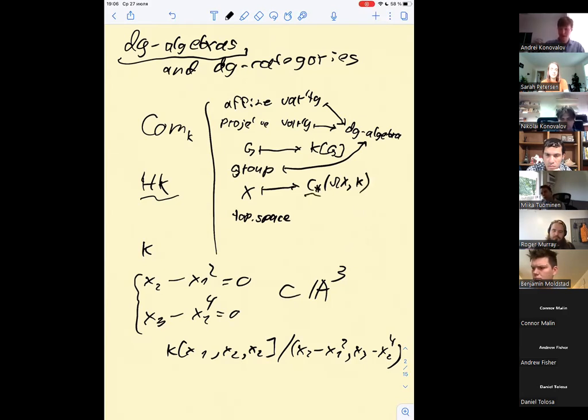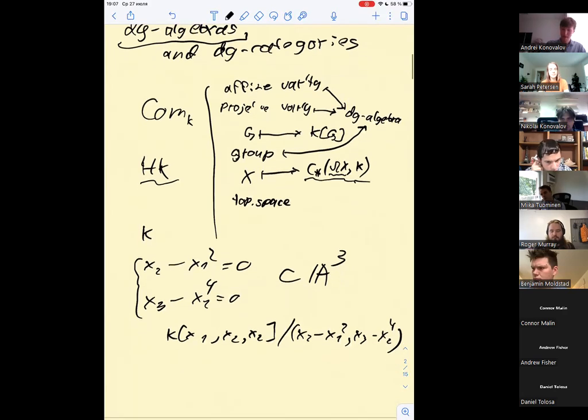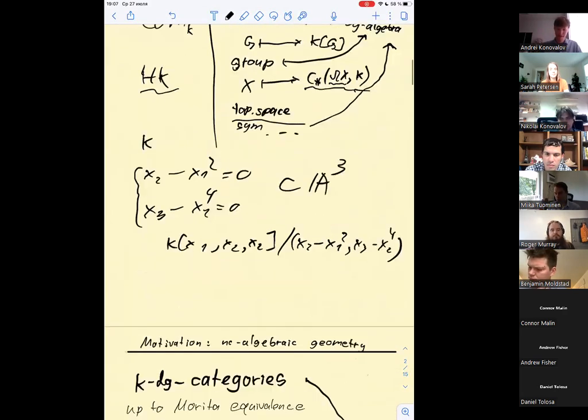This is a dg-algebra: it's a complex, and multiplication comes from the concatenation of loops in ΩX. This is the dg-algebra which is really important for rational homotopy theory or for A-theory, stuff like this. And one can also put here a lot of other words like symplectic variety and other stuff. But basically, in a lot of situations, one can find some dg-algebra or, more generally, a dg-category.